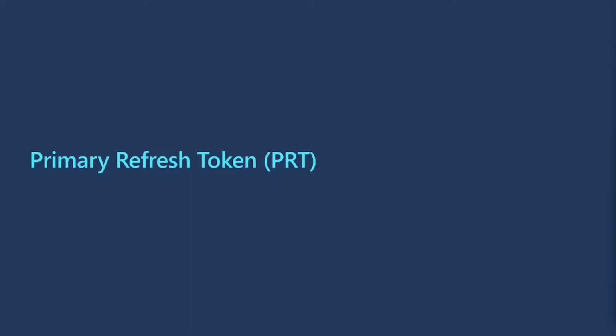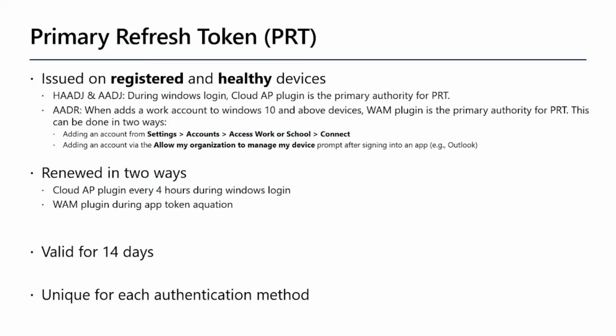Now let's go through primary refresh token. Primary refresh token or PRT is issued on a registered and healthy device. For both hybrid Azure AD Join and Azure AD Join, PRT is issued by Cloud AP plugin during Windows sign-in. For Azure AD Registered, PRT is issued by WAM or Web Account Manager plugin once a user adds his or her account to Windows.